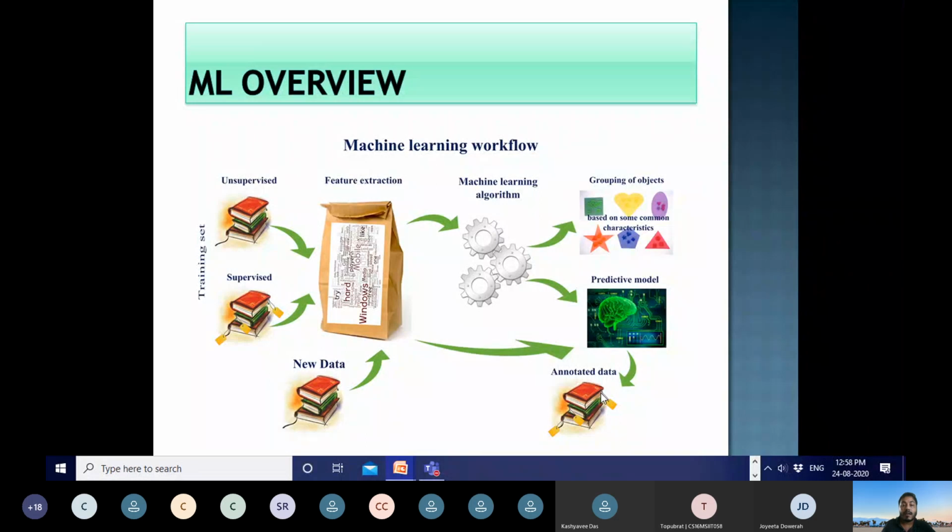So that is how machine learning works. This is the workflow of machine learning algorithms. So grouping of objects based on some common characteristics or some annotated model, if this is the case of supervised learning. So I hope this figure is clear to everybody, right? Can I move ahead?